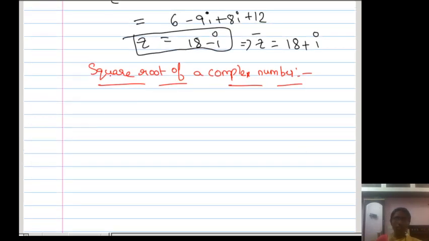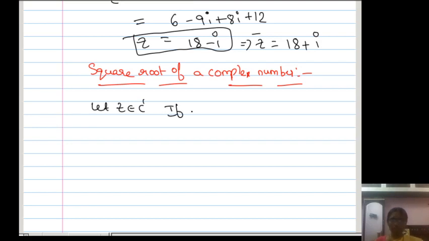First, what is the meaning of the square root of a complex number and how to find it, then you have the theorem also. Let Z belong to C, any complex number. I want to find the square root of it.